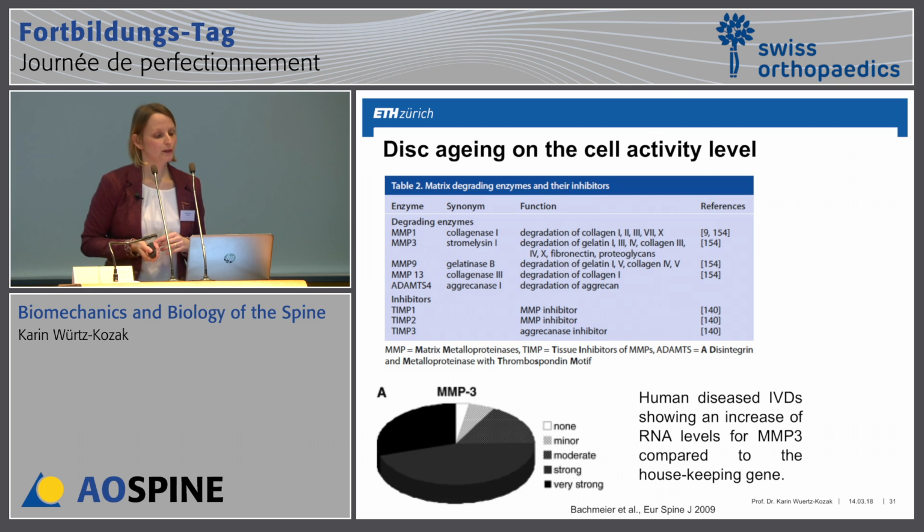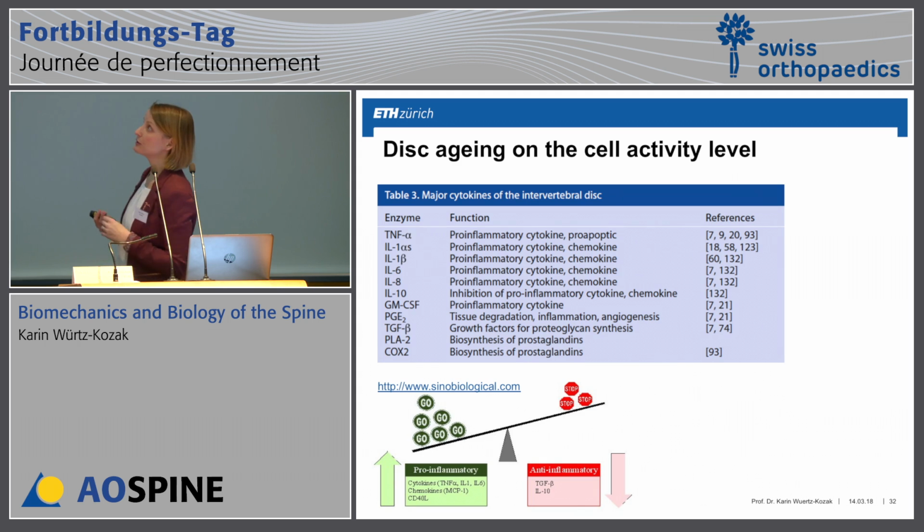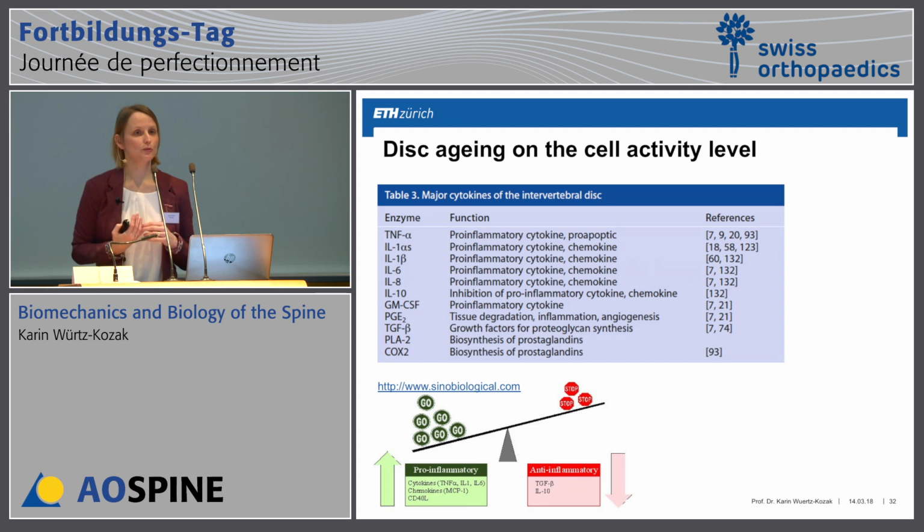This is a little list of, on the one hand, the different matrix degrading enzymes that are upregulated during degeneration and will lead to this matrix degradation that allows the nerve infiltration. And on the other hand, a list of the very different pro-inflammatory cytokines that are known to be present in the intervertebral disc.